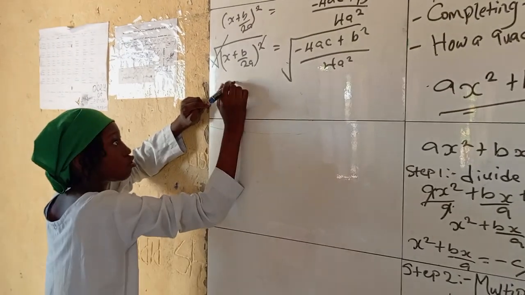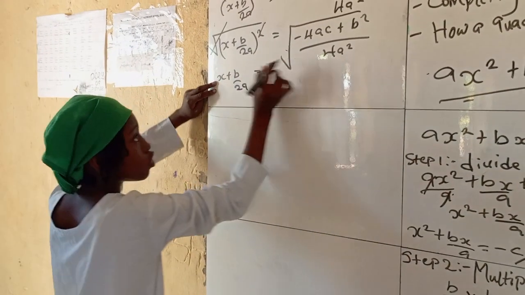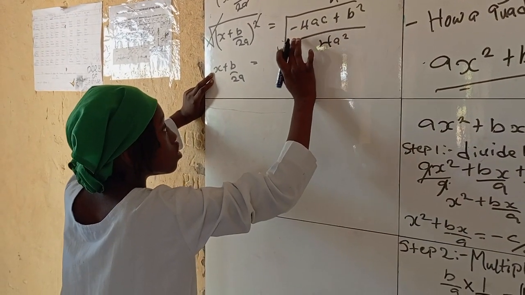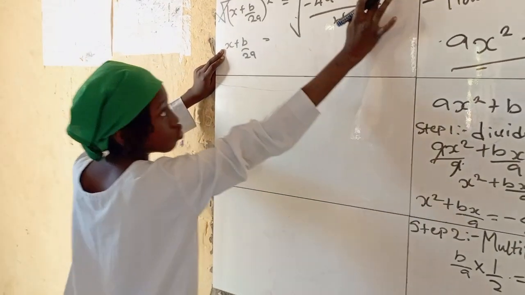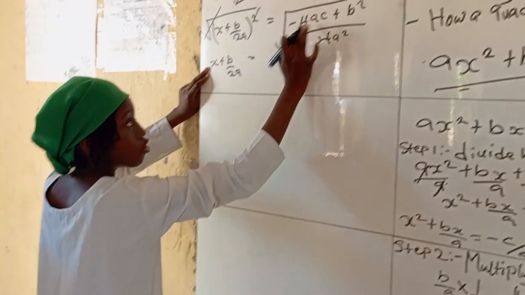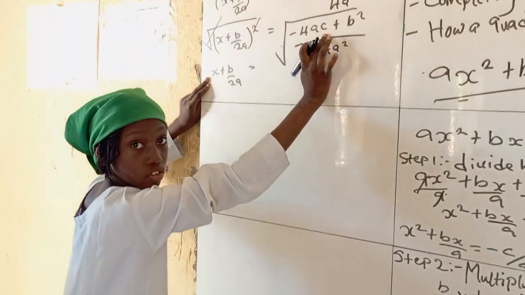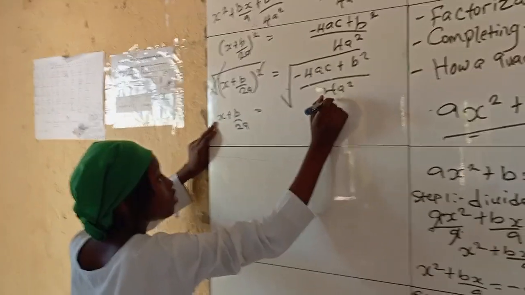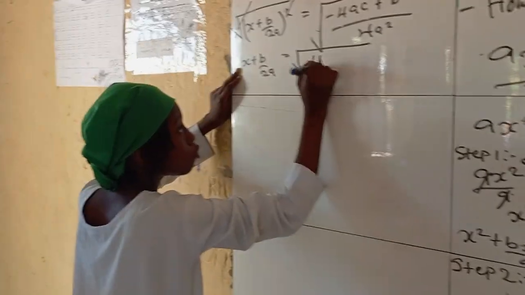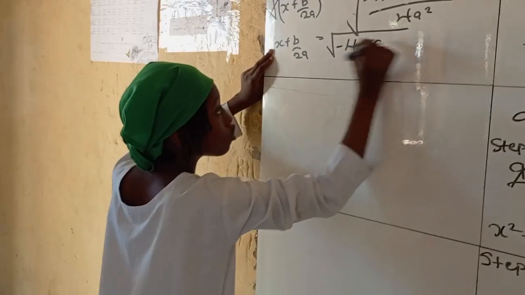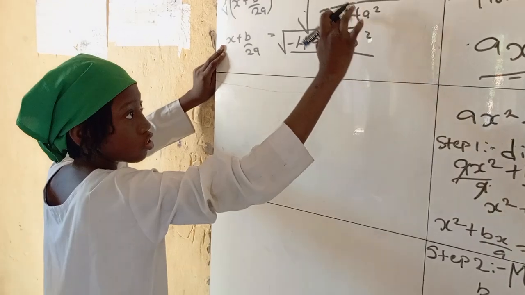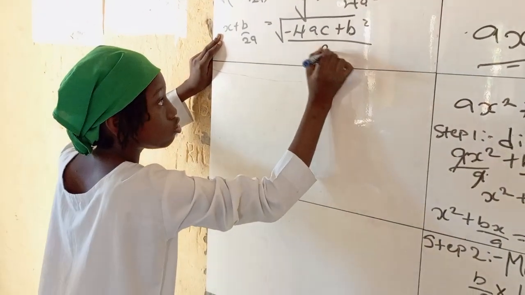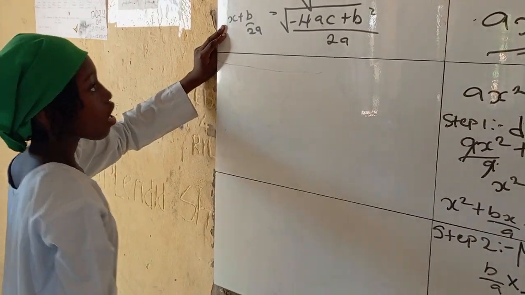Left with x plus b all over 2a is equal to, this one now, we cannot root it because this is a perfect square, but this is not a perfect square. 4 is a perfect square, but ac is not a perfect square, so we cannot root it. So here we are still left with root 4ac, minus 4ac plus b squared all over. This is a perfect square, this is a perfect square, so we can root it, 2a.